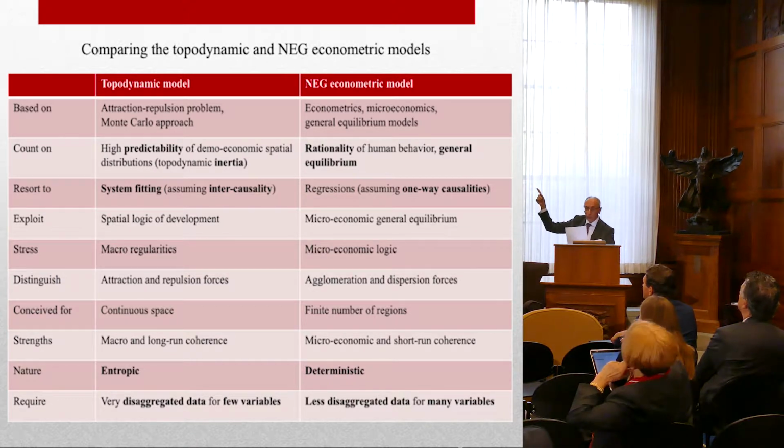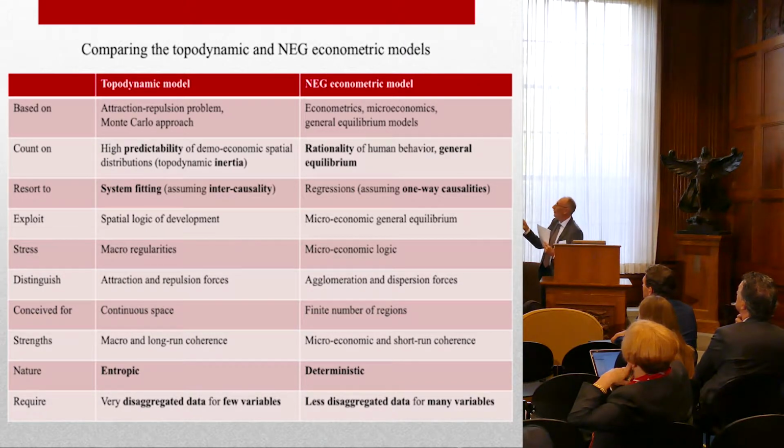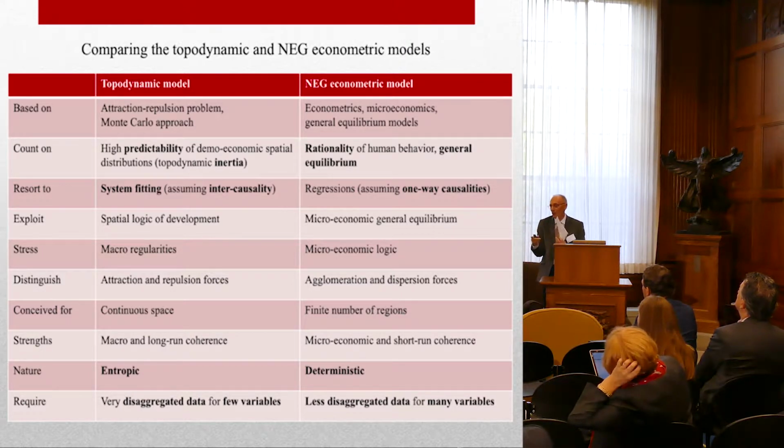We had a project comparing and trying to integrate classical new economic geography, econometric models. What I would like to stress is that the topodynamic model is focusing on intercausality, on loops, and on the fact that, and this is the first presentation where we are stressing it, there are what I call chicken and egg logics that are developing and that seem uncontrollable.